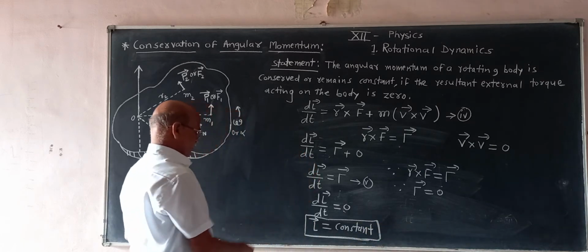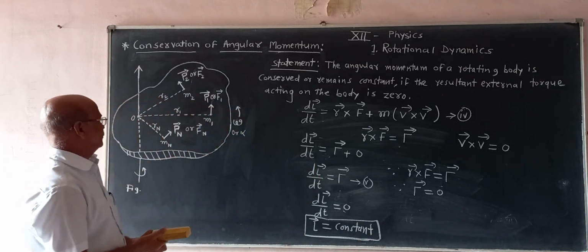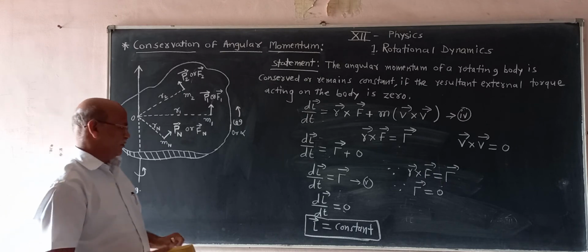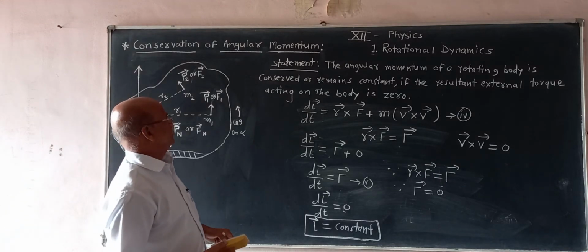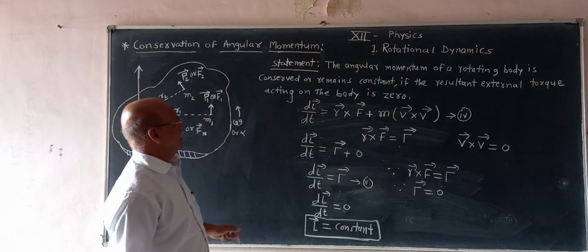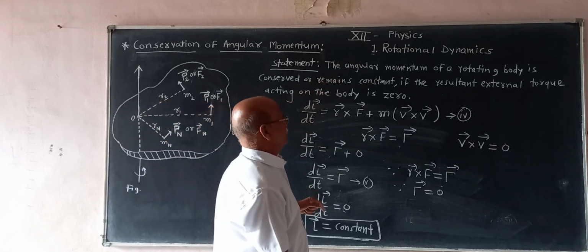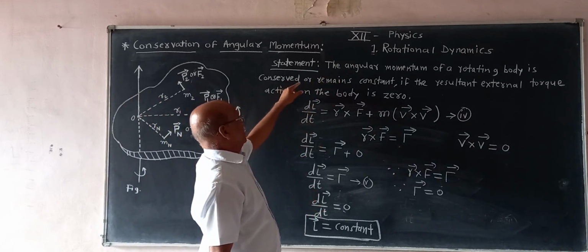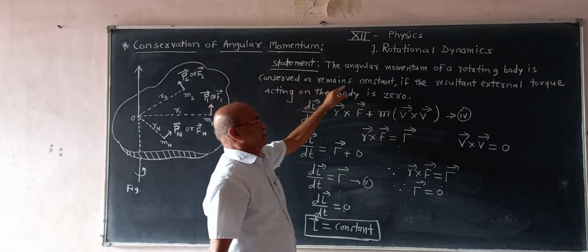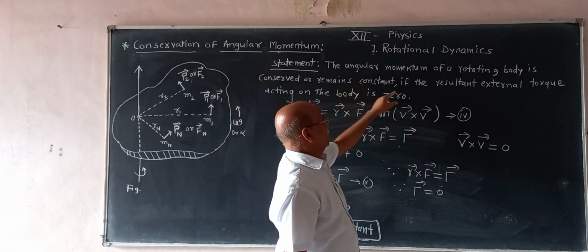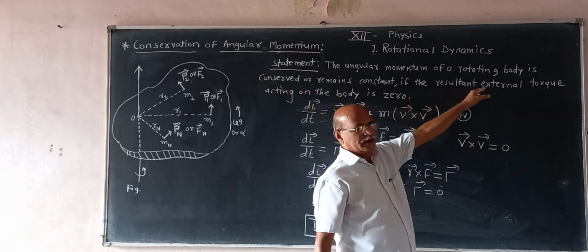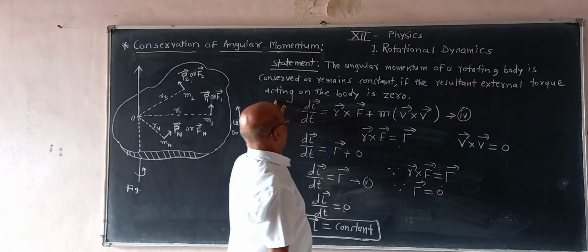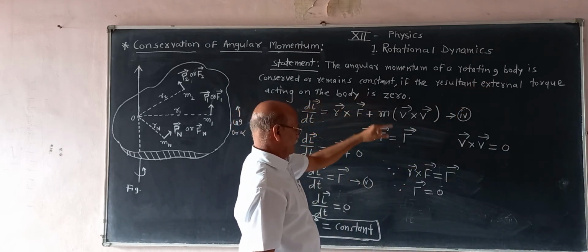So the angular momentum of a rotating system remains constant. Thus, the angular momentum of the rotating body remains constant if the resultant external torque acting on the body is 0.